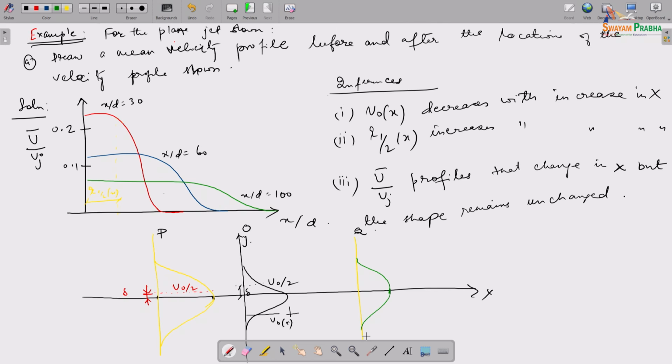So then we will have an r half which is something like this. So r half, we will keep it like this, and this is the delta, and it's here that you have the centerline velocity, right.